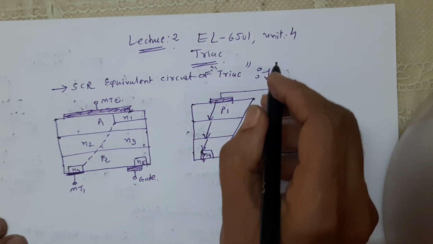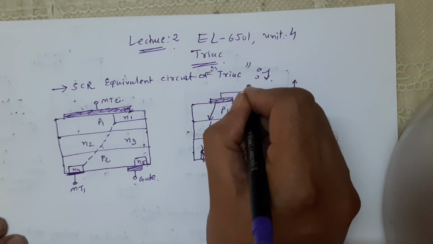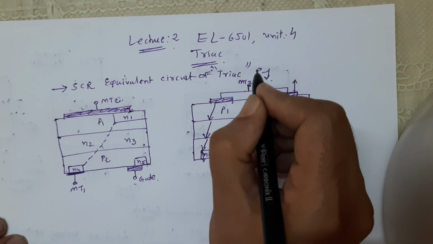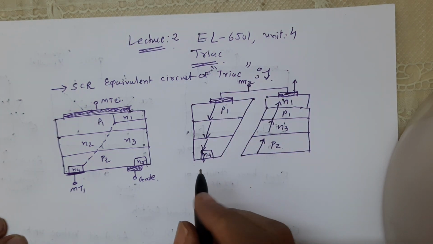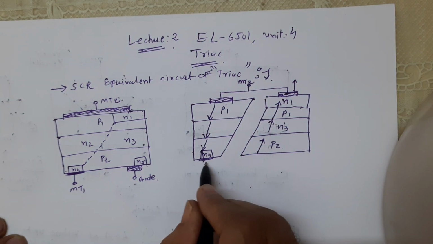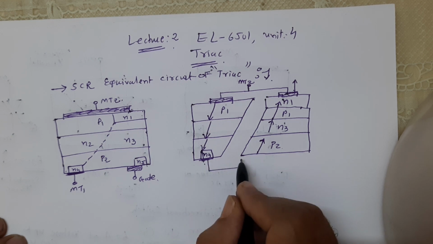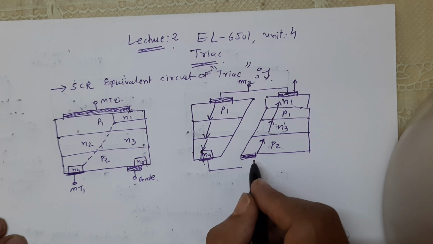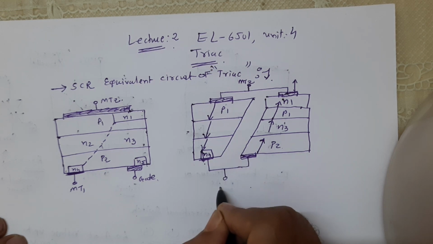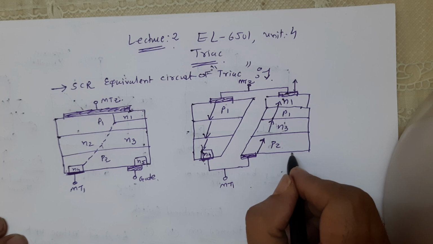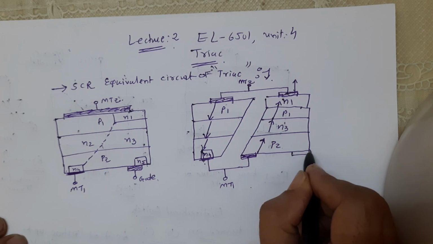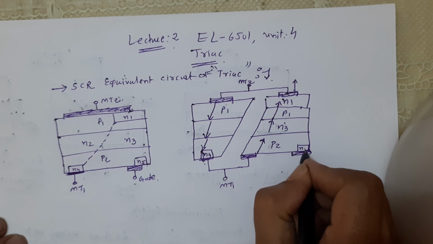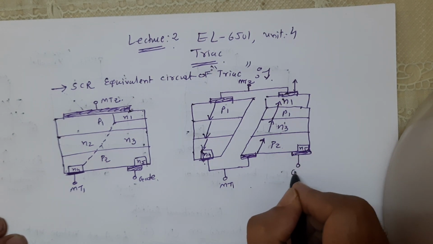And this is your MT2. This is your MT1. This is your N5 and gate.